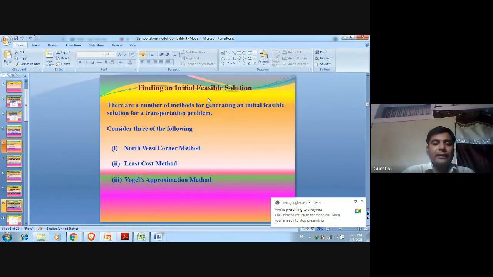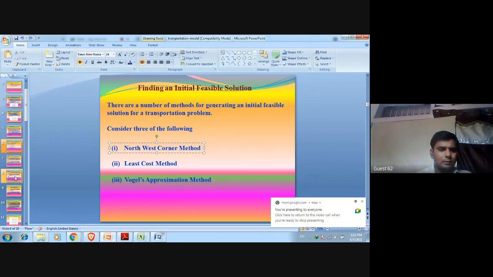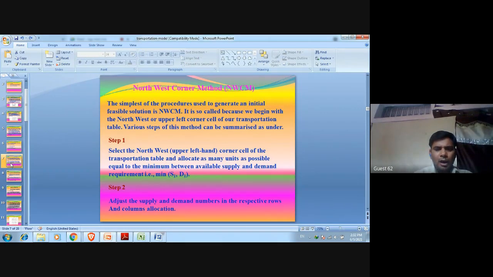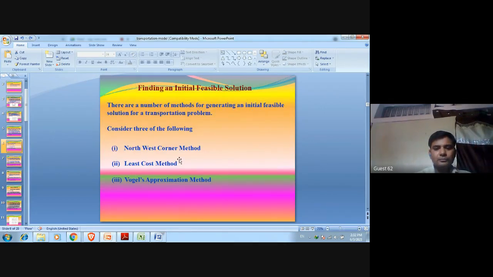The second one is the least cost method, also called minimum maximum. And Vogel's approximation method, that is VAM method.